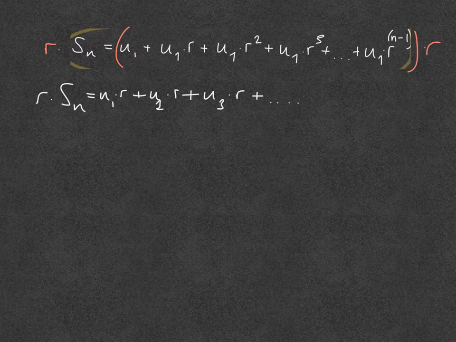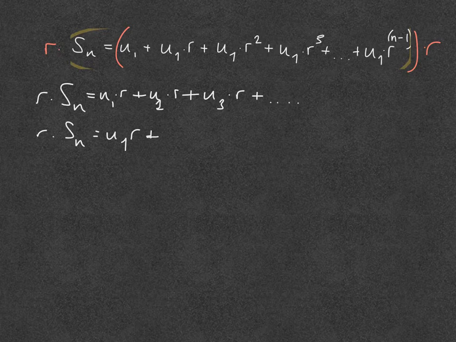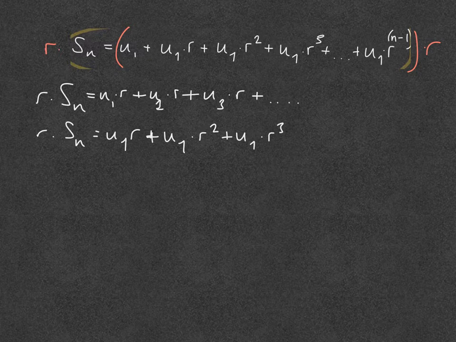We've seen already that this can be written as u1 times r plus u1 times r squared plus u1 times r cubed. And notice that this term here and this one are slightly different now. This one has been multiplied with an extra r. That's the little trick we did here. So they look a little different.